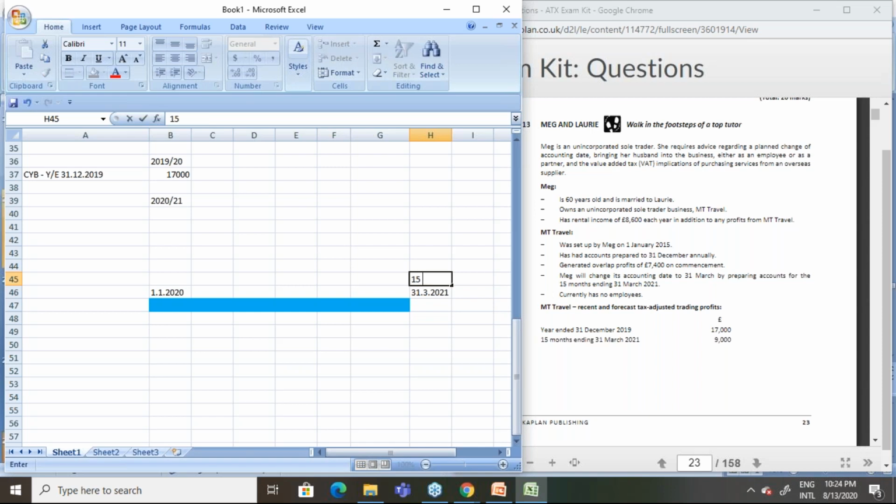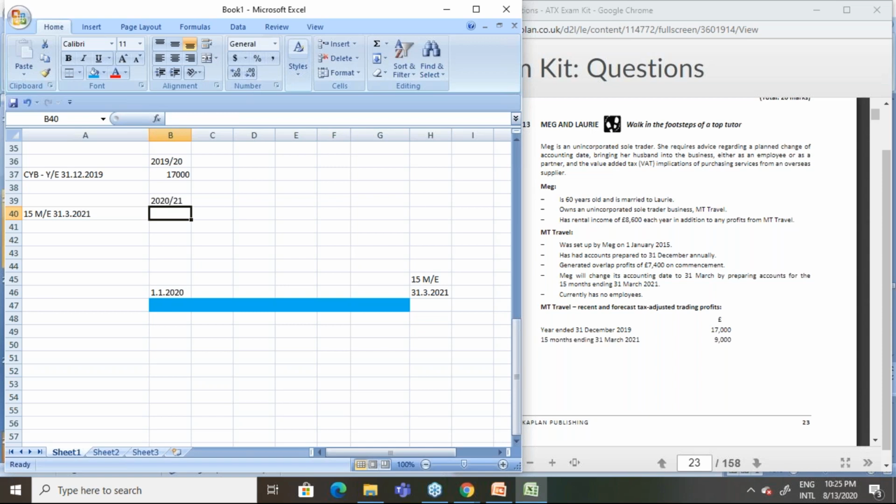However, the assessable time period cannot exceed 12 months, except in the first tax year or last tax year. The first tax year can be less than 12 months. Last tax year can be more than 12 months. However, except for the first tax year and the last tax year, according to basis of assessment rules, it should always be 12 months. However, here we have 15 months ended 31st March 2021.